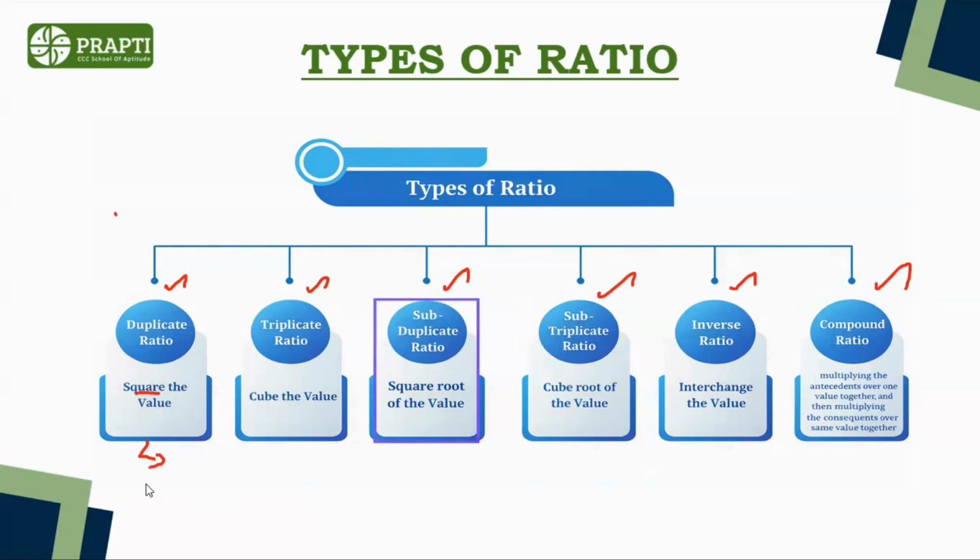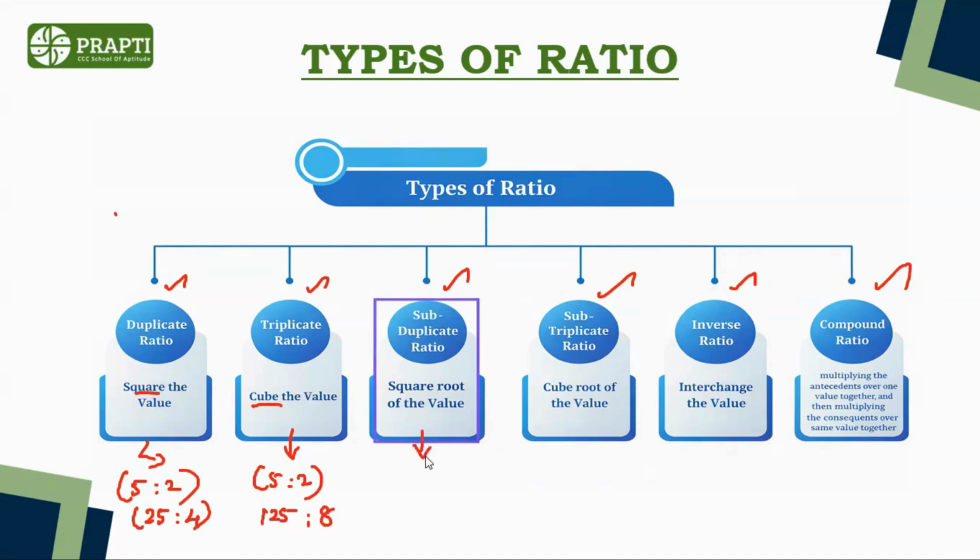For example, if you have 5 is to 2, you will square this as 25 is to 2 square, which is 4. So this is duplicate ratio. Duplicate is in a sense square. Triplicate is nothing but cube. So if it is 5 is to 2, 5 cube is 125, and 2 cube is 8. So this is my triplicate.